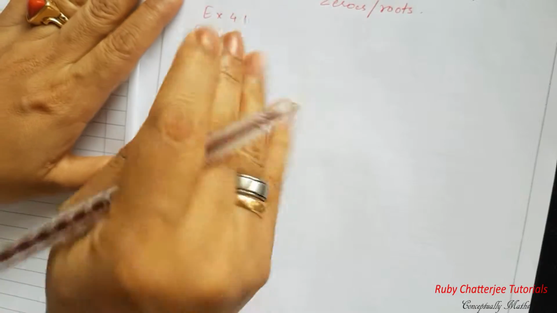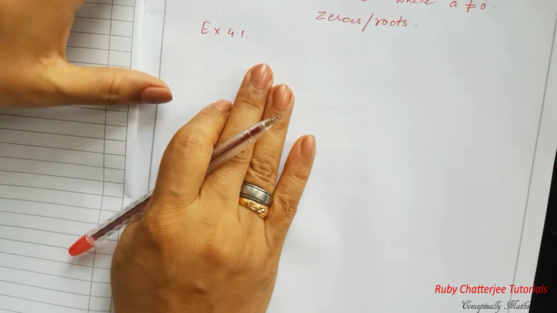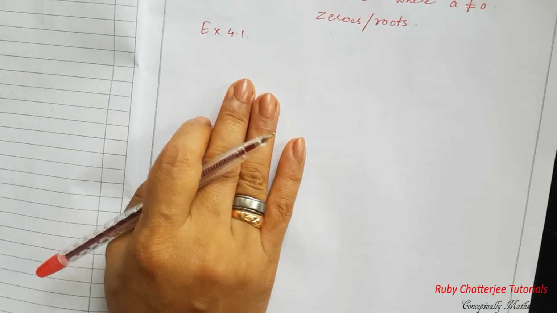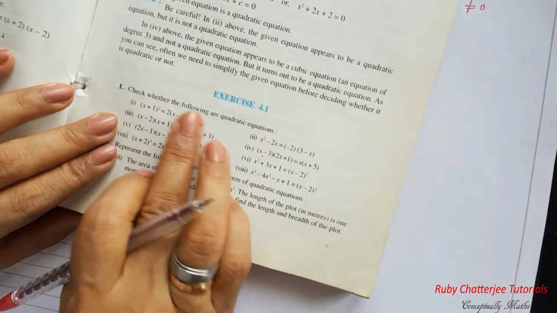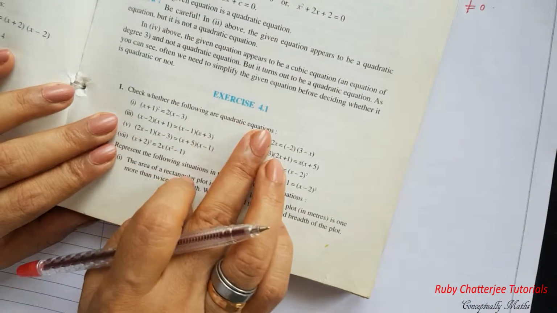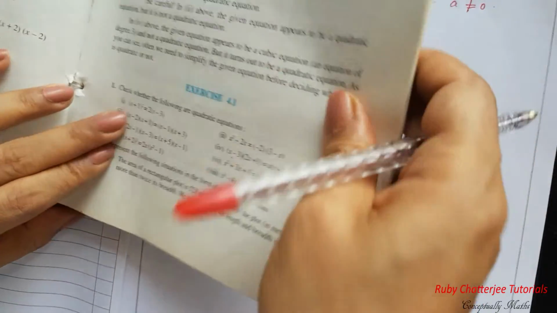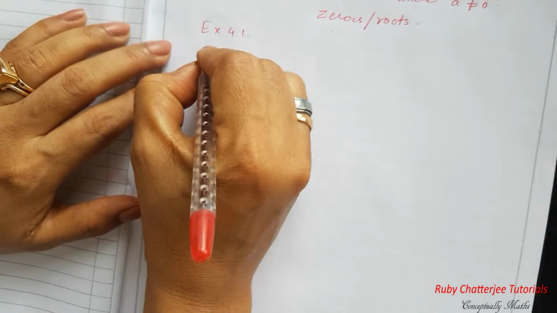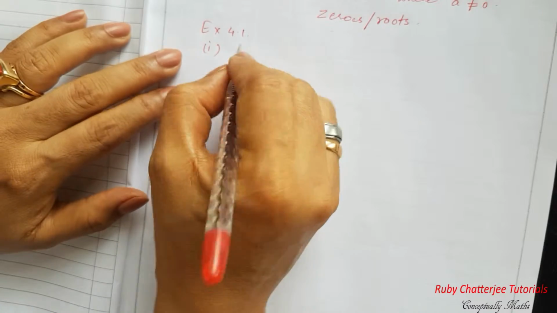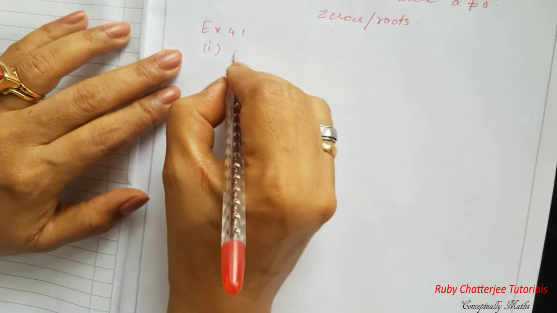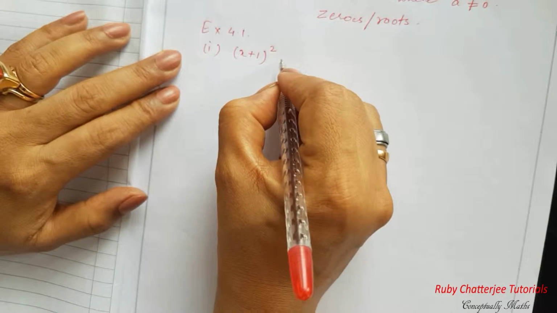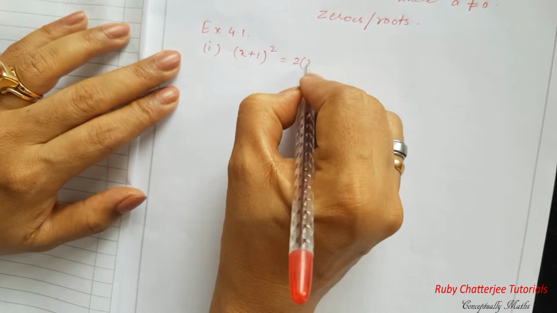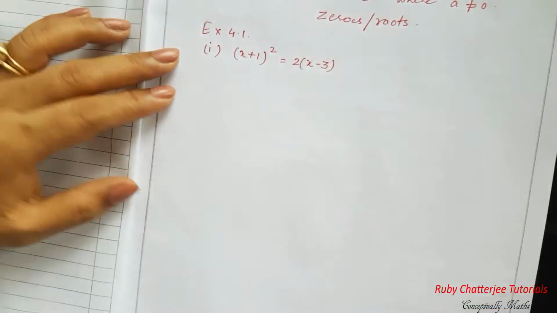Going to this exercise from the book, the first question says, check whether the following are quadratic equations. I take the first example first: x plus 1 whole square is equal to 2 into x minus 3.